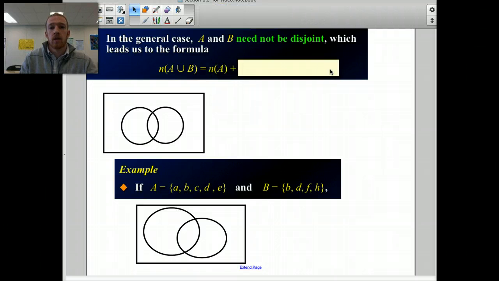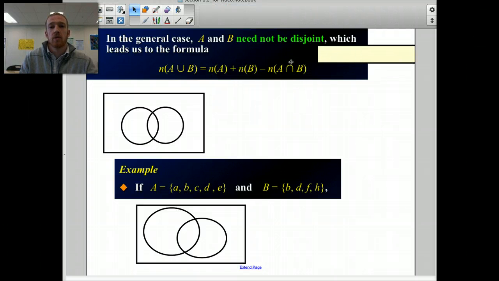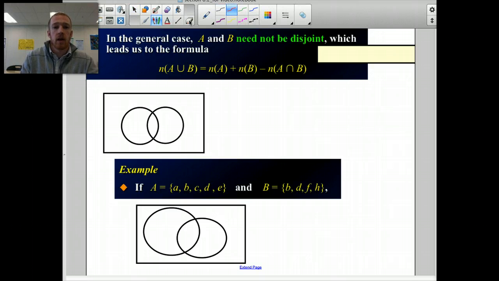We get this formula. We have to subtract the intersection. Let's see why. Let's say A is a set of 5 things, and B has 6 things in it.